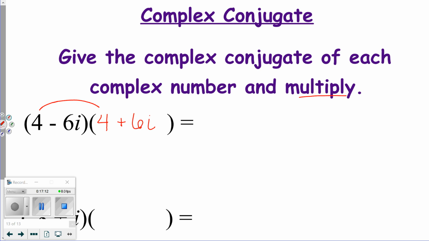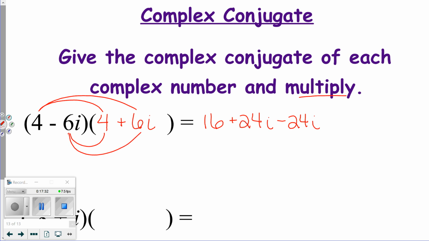So multiplying together, 4 times 4 is 16. 4 times 6i is 24i. Negative 6i times 4 is negative 24i. And negative 6i times positive 6i is a negative 36i squared.